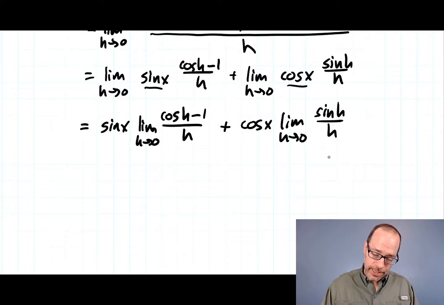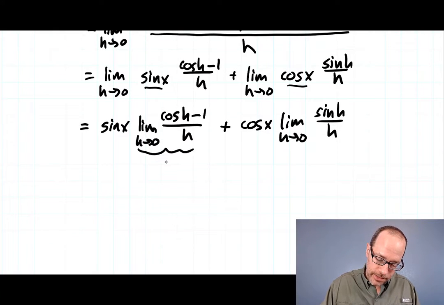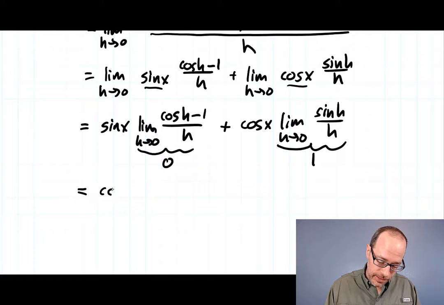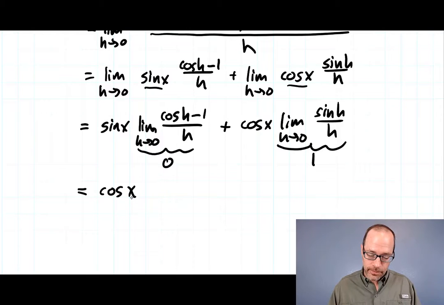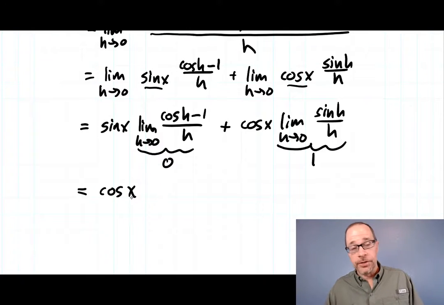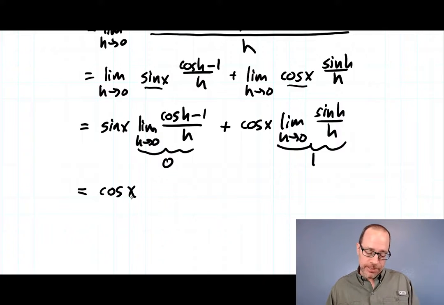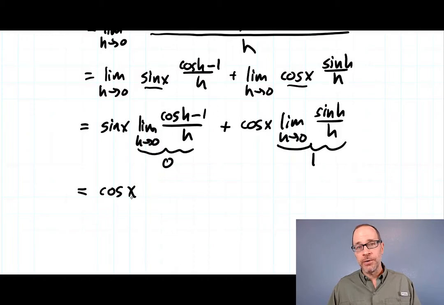And we've already said that this limit was 0 and this limit was 1. So the only thing that survives is the cosine of x. And so there you have it. The derivative of sine is cosine, and similarly the derivative of the cosine will be minus sine. So that's it.